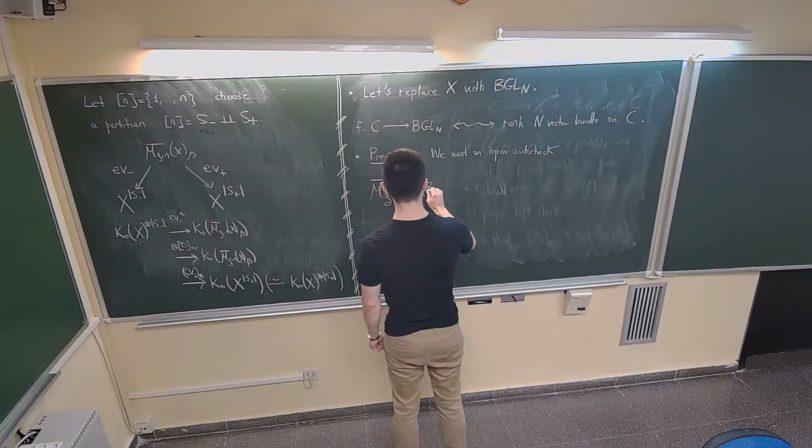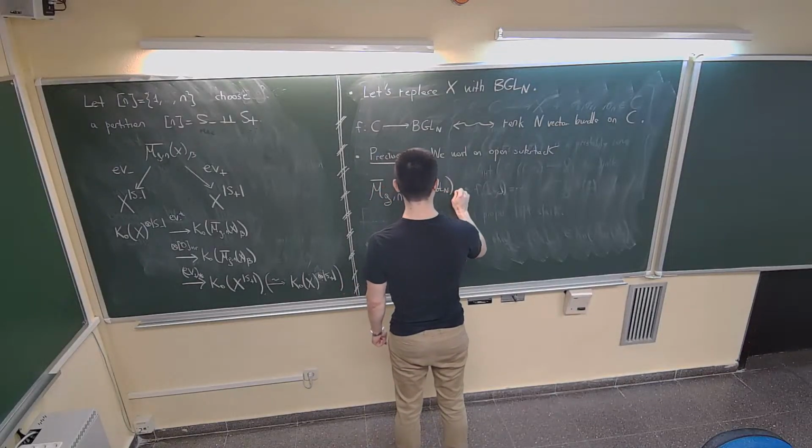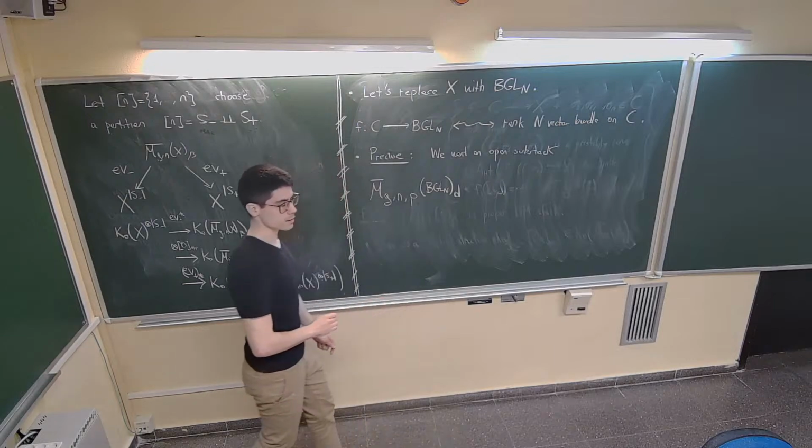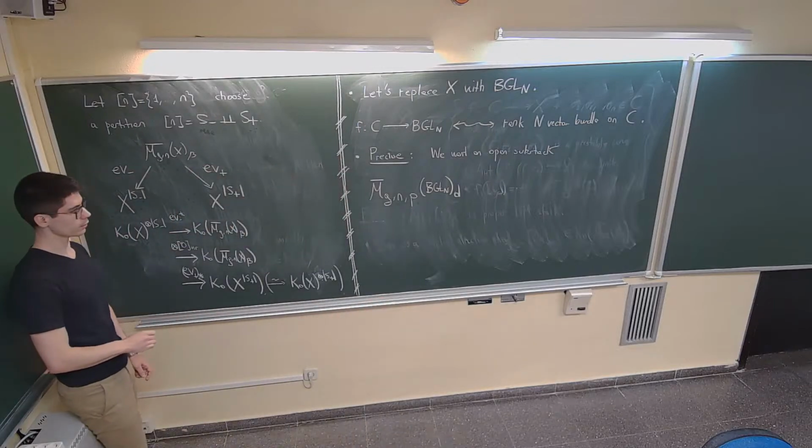And it's going to go into BGLN. And now, the curve class is roughly just telling me the degree of the vector bundle.